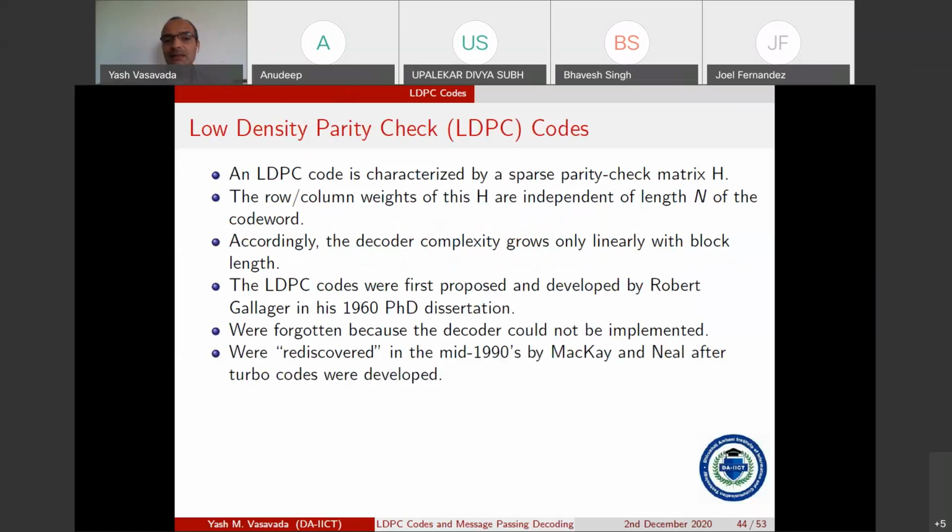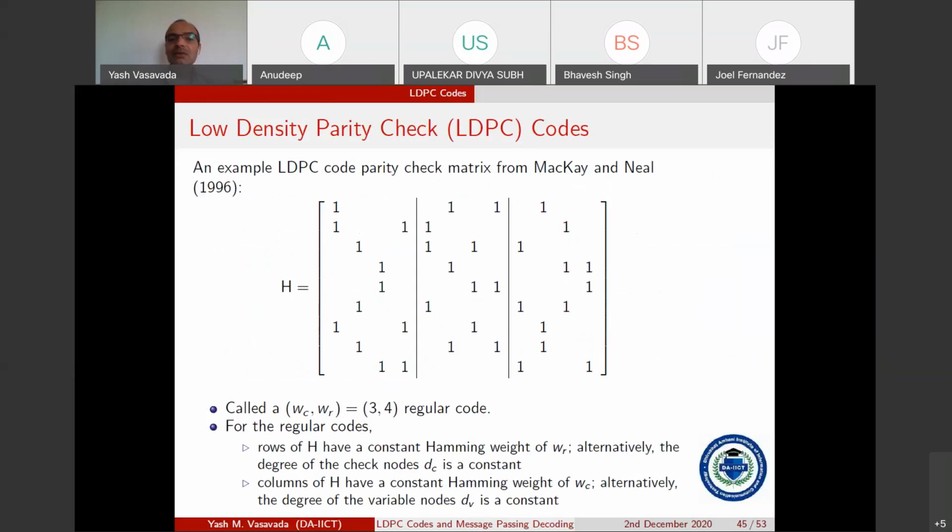Okay, basically now instead of restricting ourselves to just the product codes, what we are going to say is that in general, we are going to consider this H matrices in a very specific manner. And what Gallagher did in 1960 is that he said that I'm going to come up with an H matrix which will have same number of ones in each row.